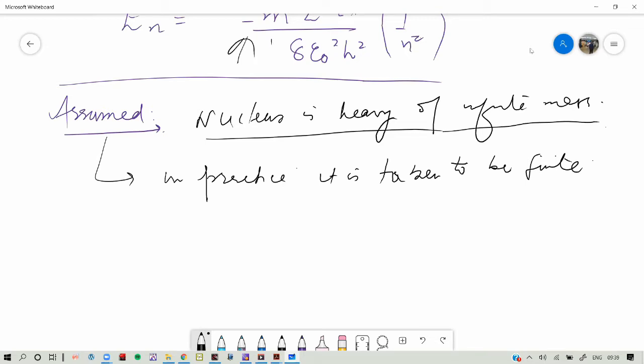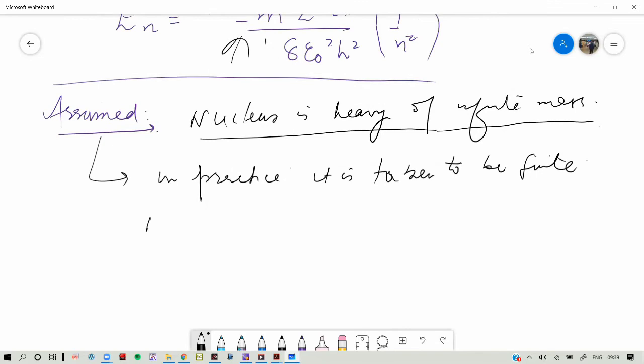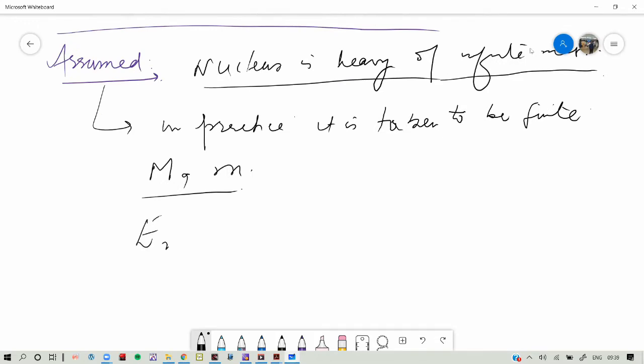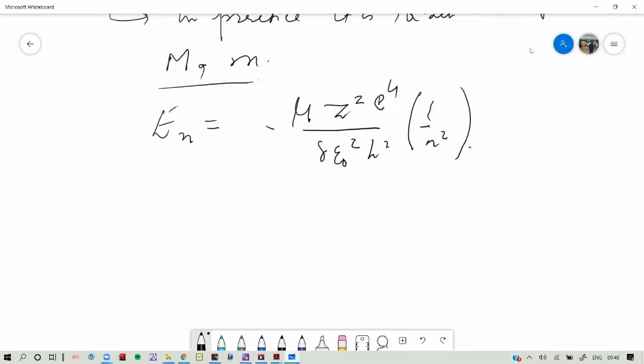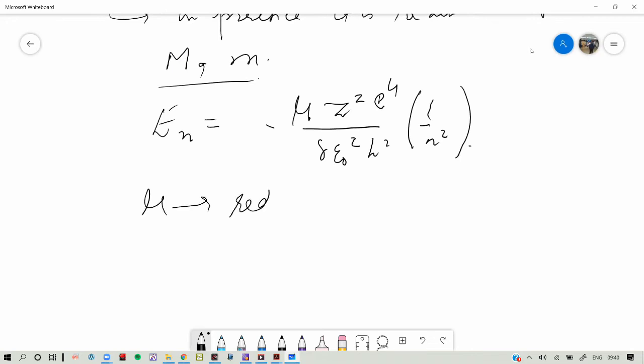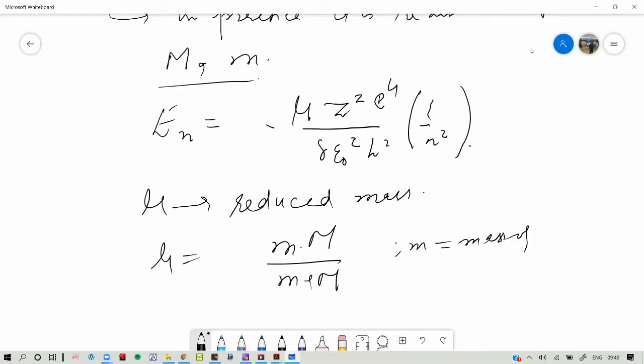So when we take this finite mass of the nucleus, suppose M is the mass of the nucleus and m is the mass of the electron, then you can write that En will be equal to minus of mu, not m, where mu is called the reduced mass, and it is given by m times M divided by m plus M, where m is the mass of the electron and M is the mass of the nucleus.